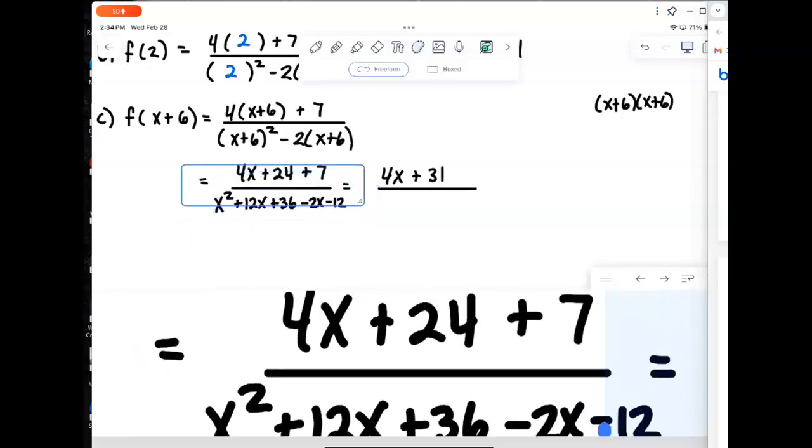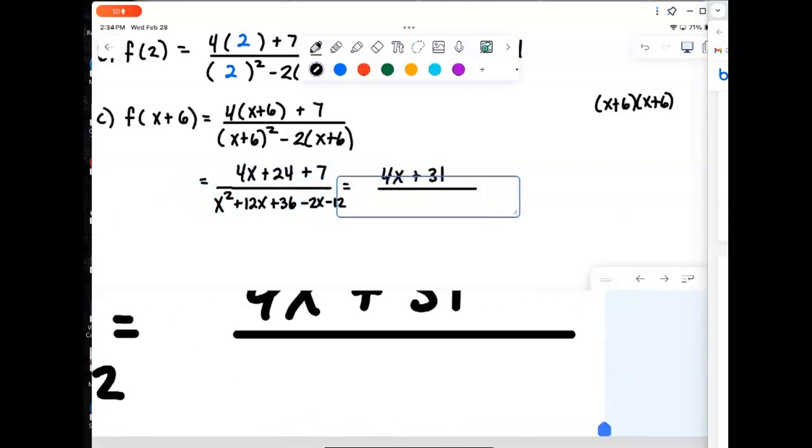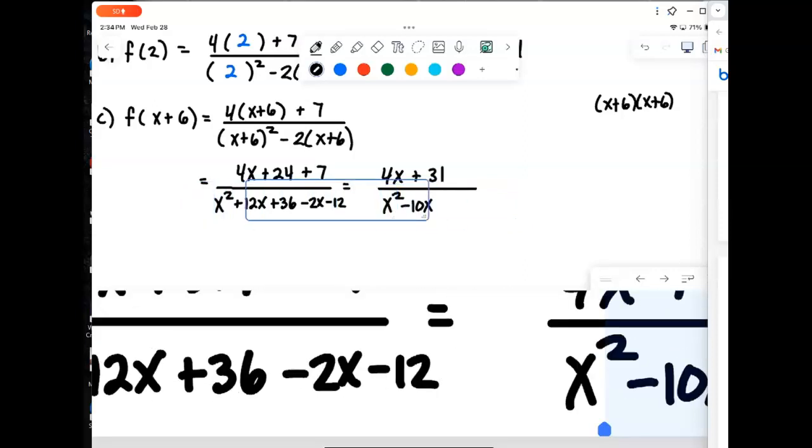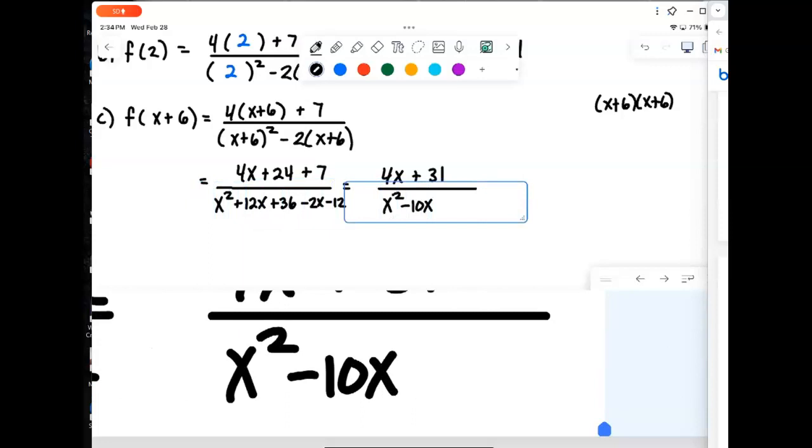Okay. And then we just keep going and combine any like terms we have. So I have an x squared. I have a 12x and a minus 2x. We make that 10x. And 36 minus 12 makes that plus 24.